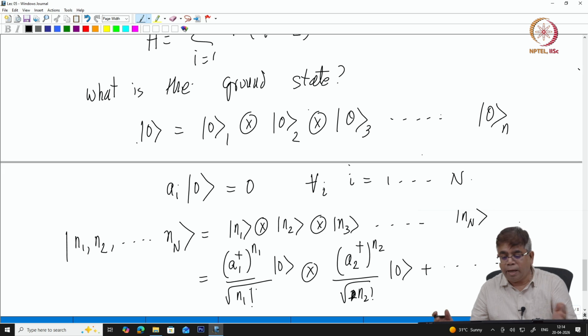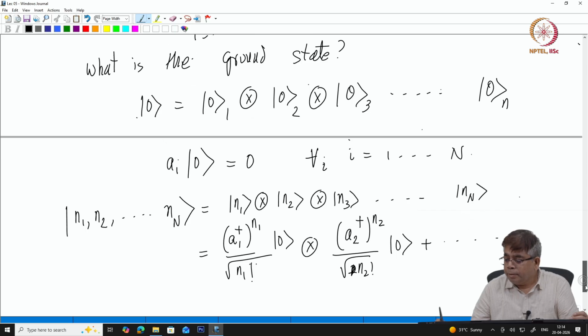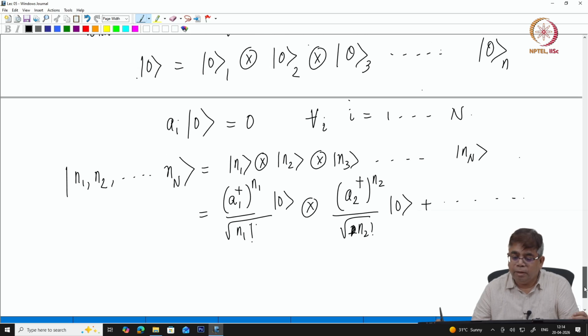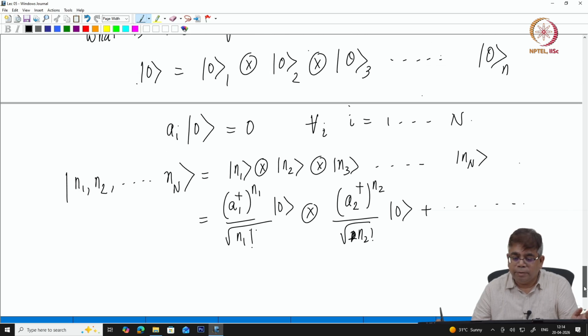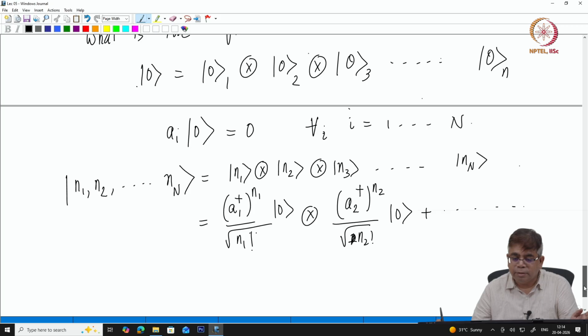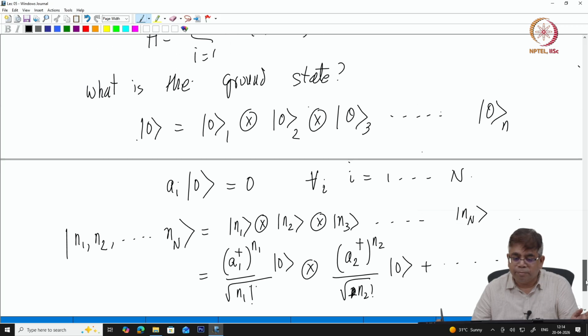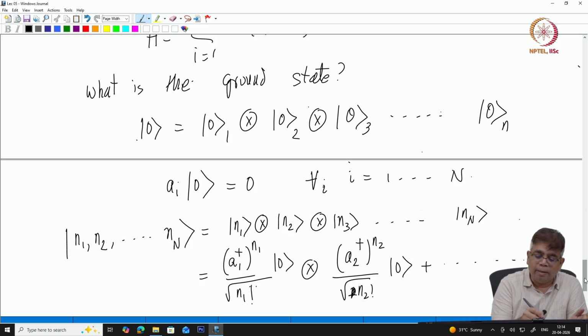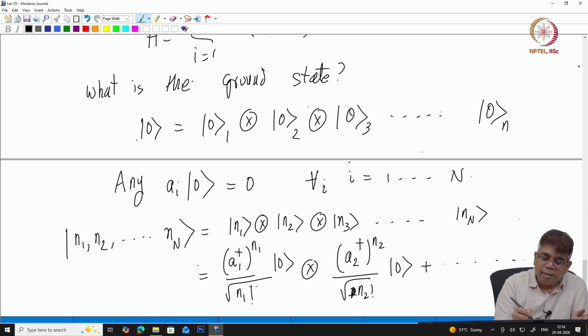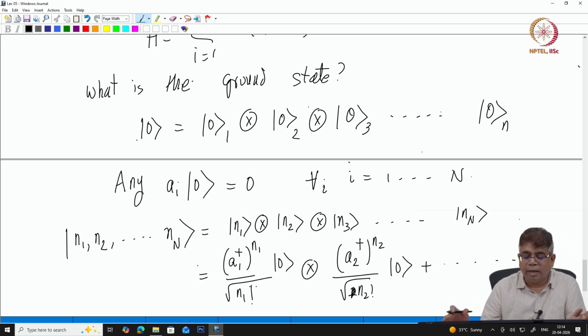So what we have seen in the discrete picture is that the series of harmonic oscillators creates a vacuum state which is itself complicated, where any a_i will annihilate the vacuum.